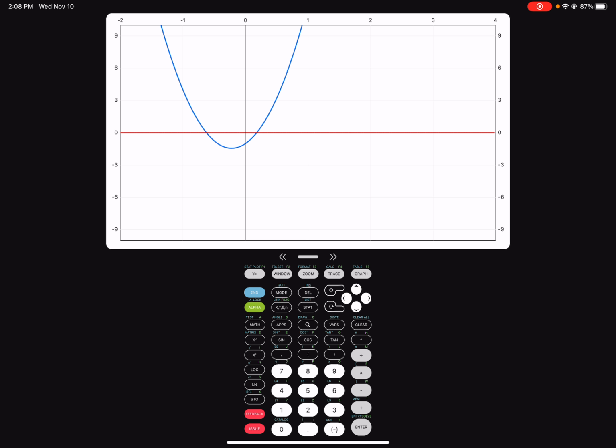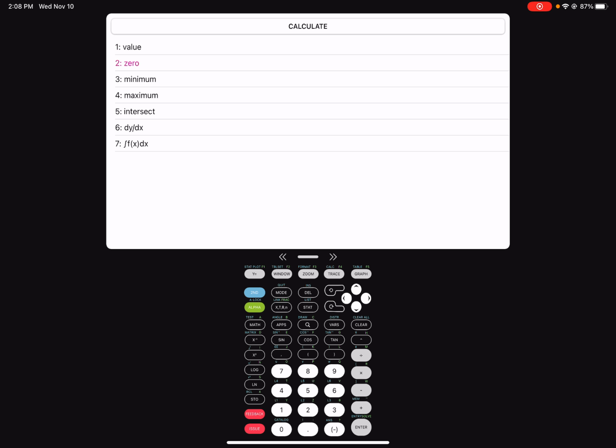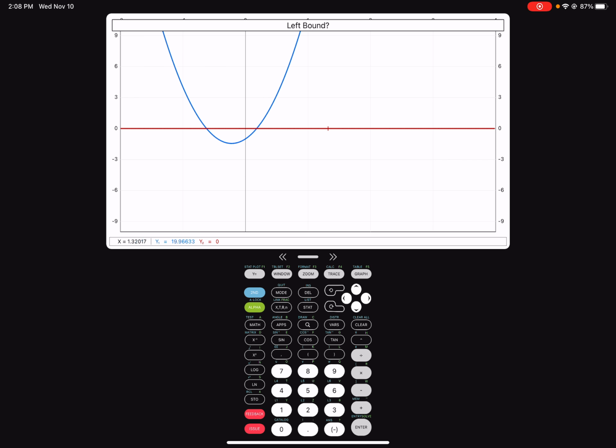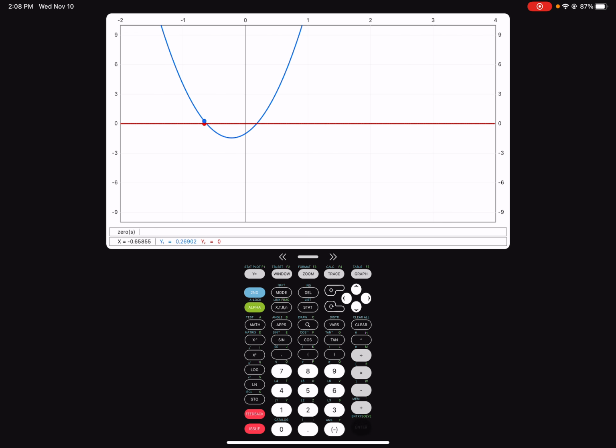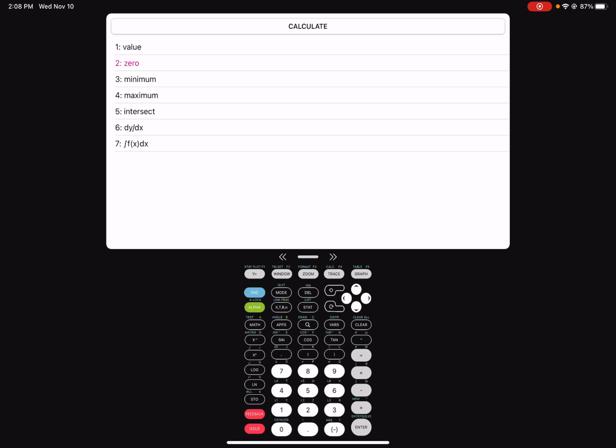Okay, so I've got 2 zeros. So if I go second, calculate zeros, I want to get near the first one. So I'm going to move over near this one right here. Enter, enter. What happened to my calculate? I can't remember if calculate zeros works on this one or not.